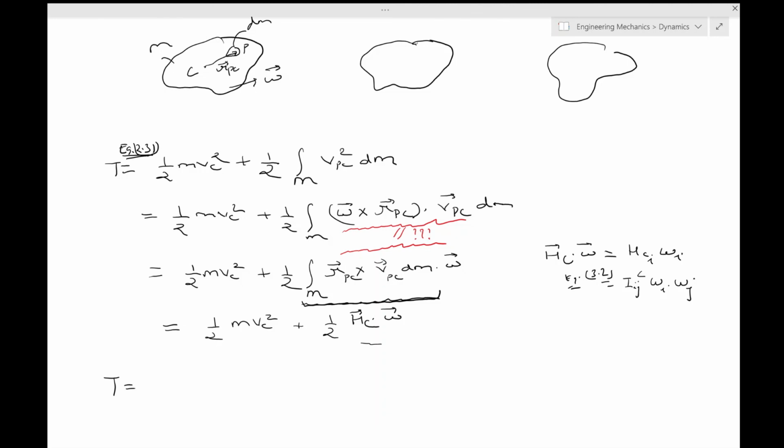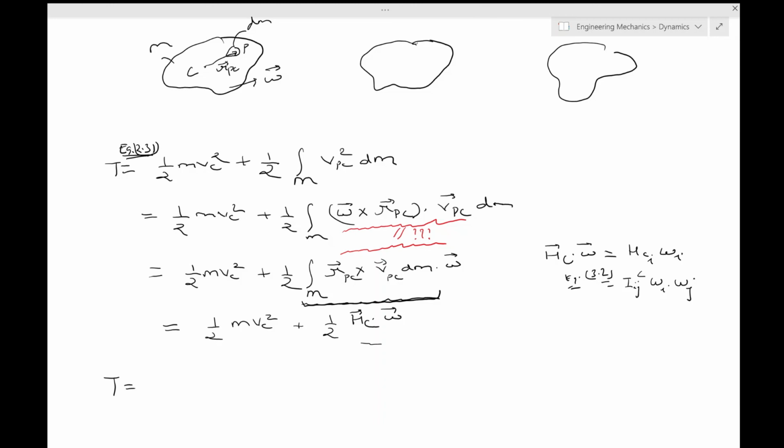Fine. So omega i and omega j can be interchanged. You can change the position of it without affecting what it really means. To see what it really means, you just have to expand it. It will be 3 terms each, so a total of 9 terms.